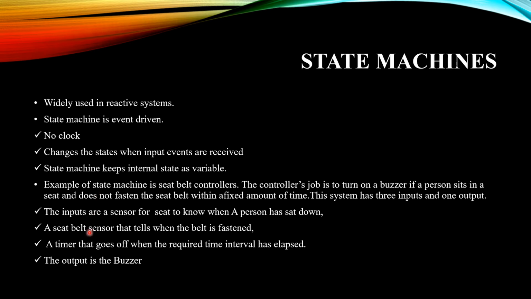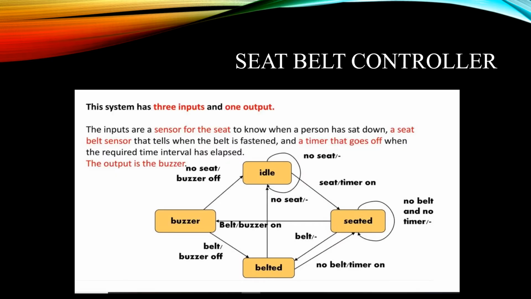The second is the seat belt sensor, which tells whether the person wears the seat belt or not. The third input is the timer that goes off when the required time interval has elapsed. The output is the buzzer. We will see the example.